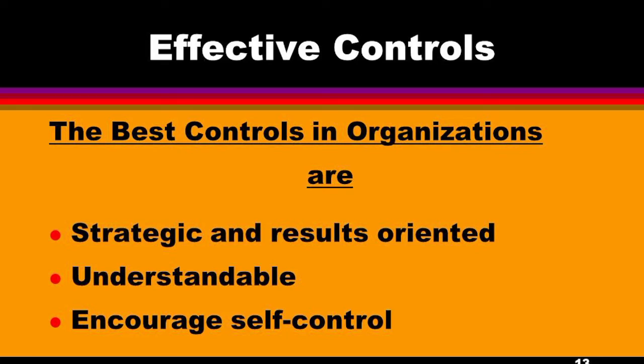The best controls in an organization are strategic and result oriented. Most organizations control based on results. Another one is understandable, meaning how the performance is going on can be understood by the higher authority.